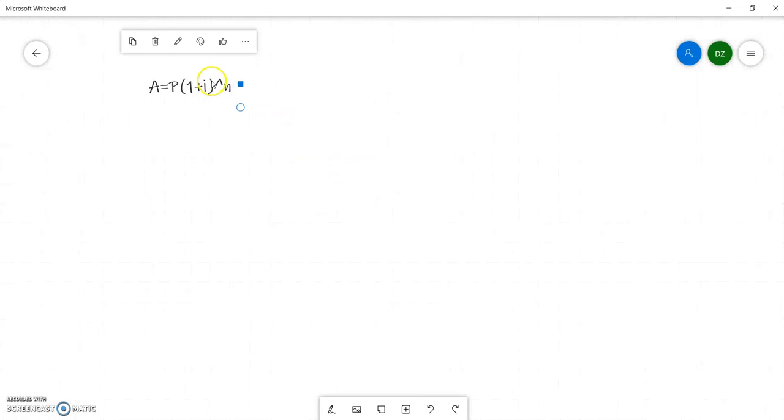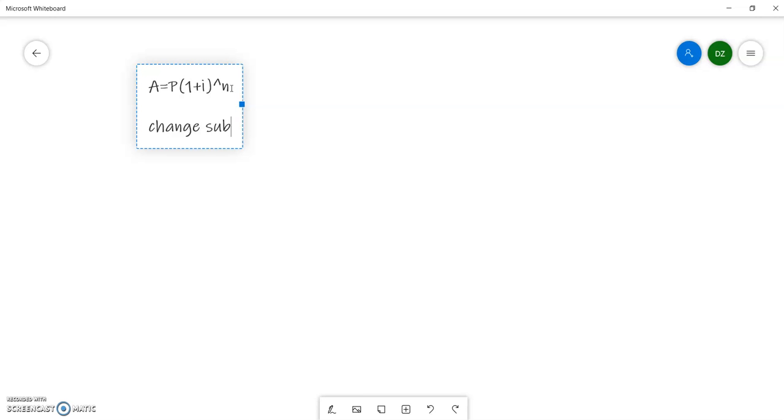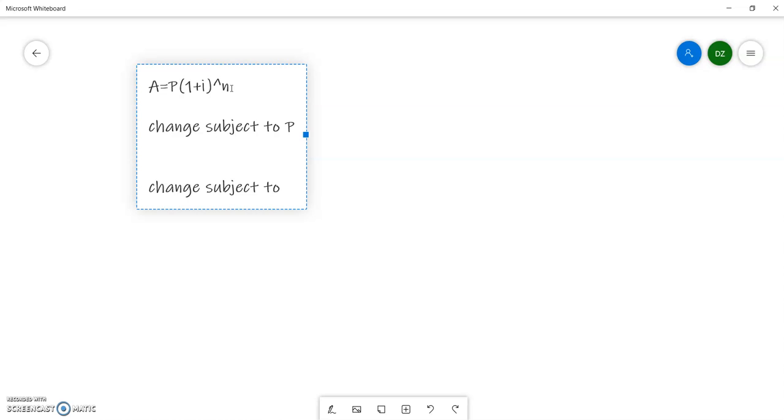Okay, so there's my compound interest formula, and I want you to change the subject of this formula to p. We're also going to look at changing the subject to I, and we do not do changing the subject to n because you need a special mathematical tool called logs, and we don't do that in grade 10. Okay, so let's just look at what we can do.